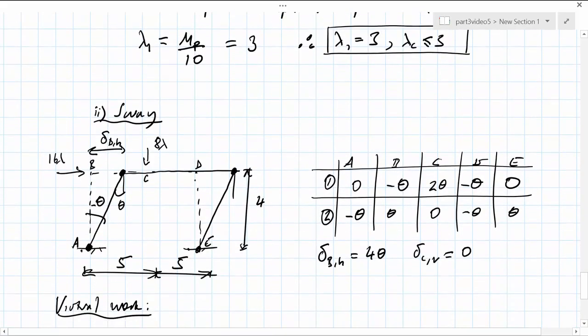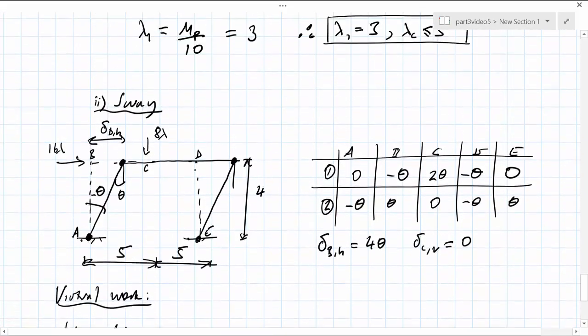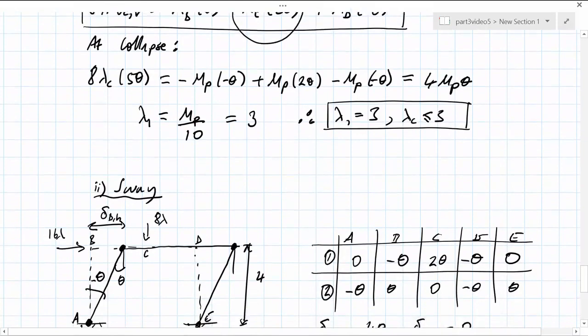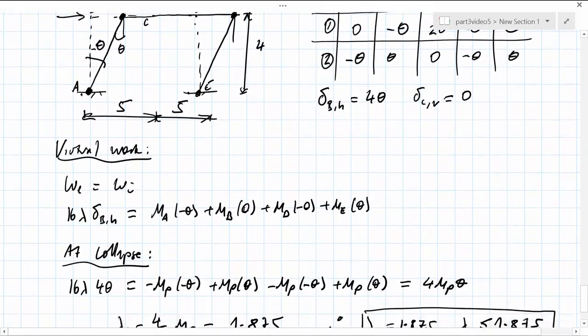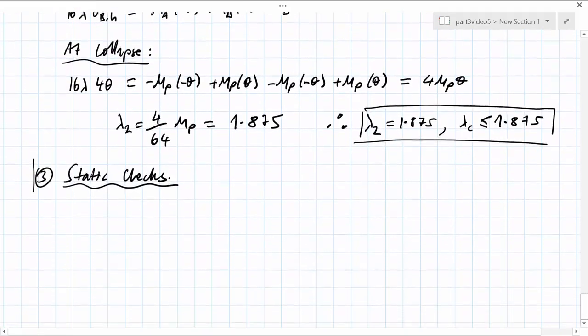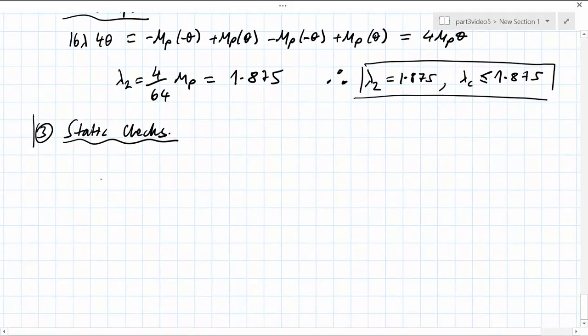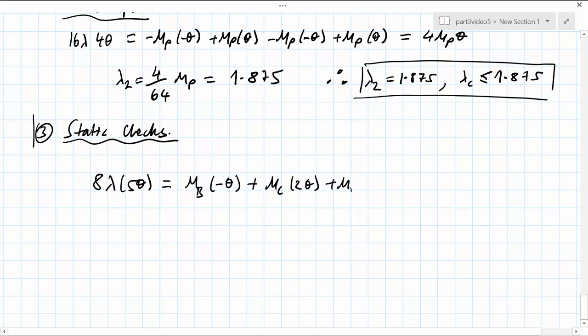But with that plastic collapse load factor of 1.875, we need to evaluate what the moments would be at C. So in order to do that, we use the equation for collapse mechanism 1, because that features the moments at C. So 8 lambda times by 5 theta is equal to MB times minus theta plus MC times by 2 theta plus MD times by minus theta.